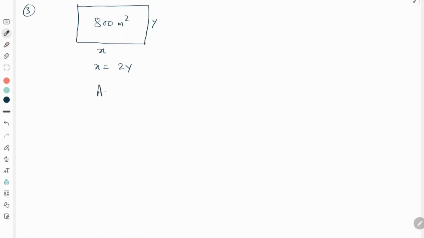So now we will write the formula of area. It is length into breadth. Area is 800 and length is x, breadth is y. We can put the value of x, 2y multiplied by y, 2y square is equal to 800.